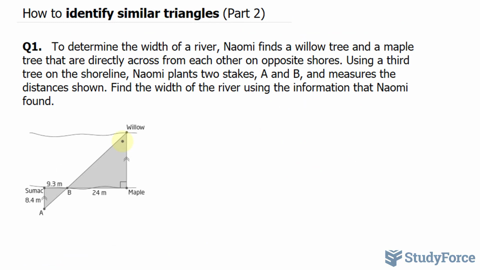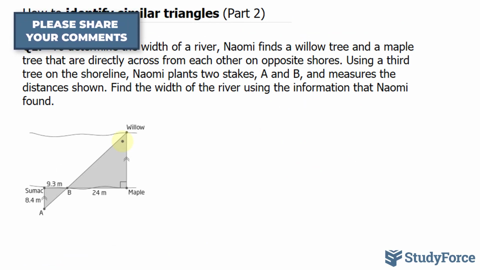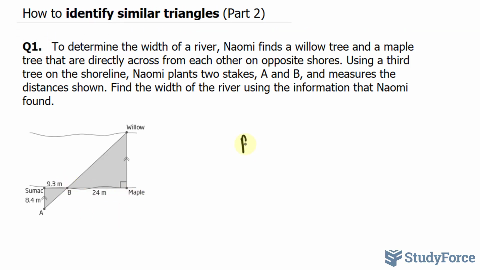What we have to do is compare corresponding sides. So this side from, let's say, B to M can be compared to side B to S. The length of B to M is 24 meters compared to 9.3.